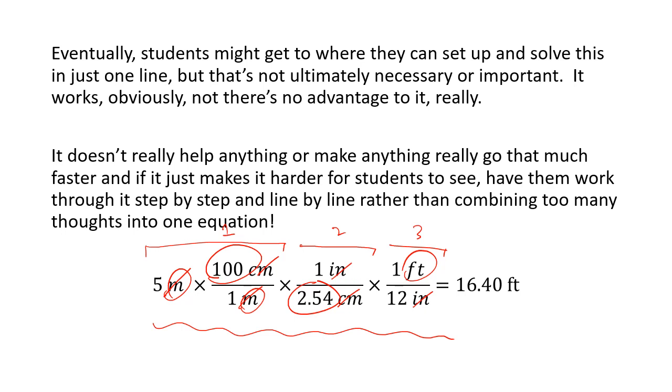So if it's really confusing for students to do this way in this 1 line, just tell them not to do it. Or don't do it yourself in class, and don't model that. And then the students who are able to do it in 1 line, eventually they'll figure that out and they'll do it on their own. But there's no real benefit to doing it in 1 line like this.